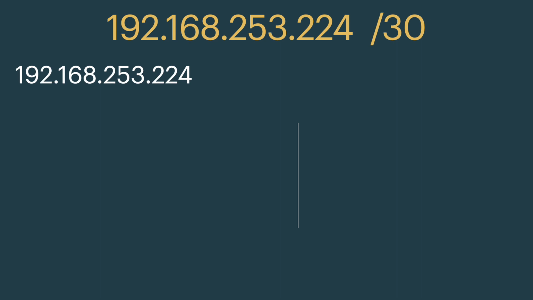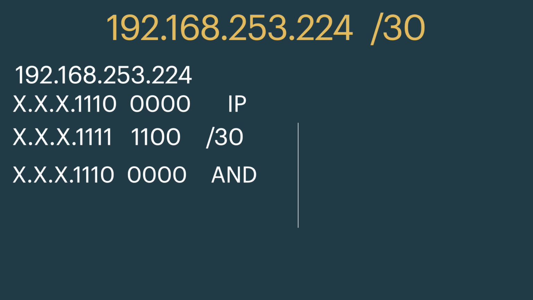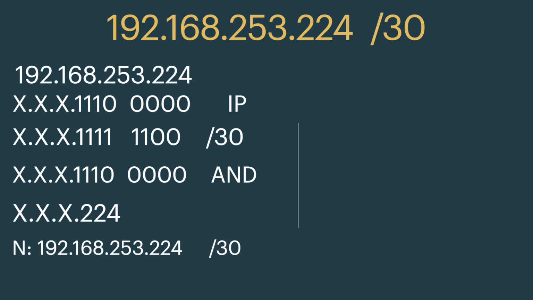So we get the IP. Then we're going to find which section of the octet we need to translate. So this is going to be the last octet. So 224 to binary. Then we translate /30 to binary, and we do an AND logical comparison. And we get, of course, 224 as the network address.